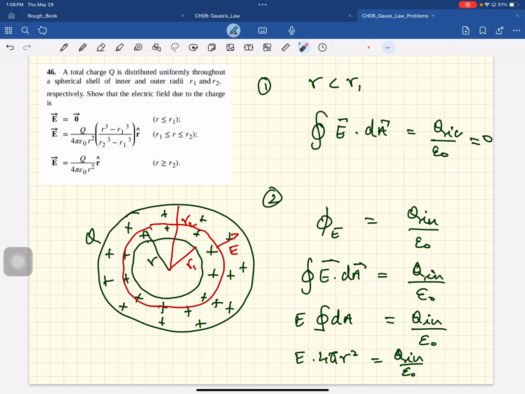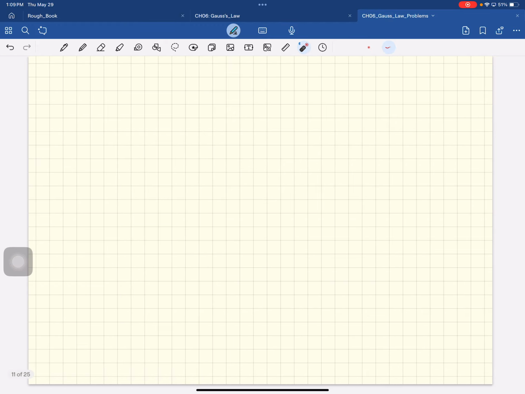Did you guys understand that? If I take a bunch of charges distributed in this room, you can calculate the charge density, and then I can calculate the charge in this volume. I'm going to calculate the charge inside first.